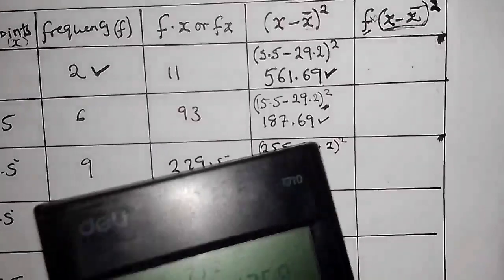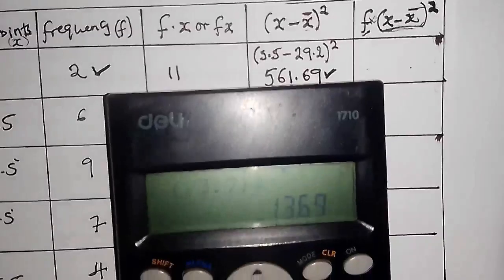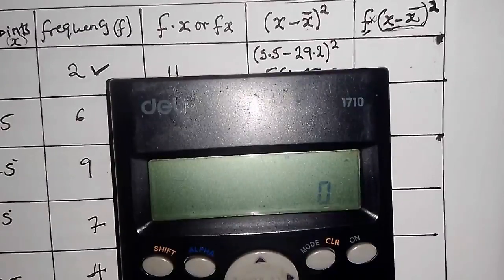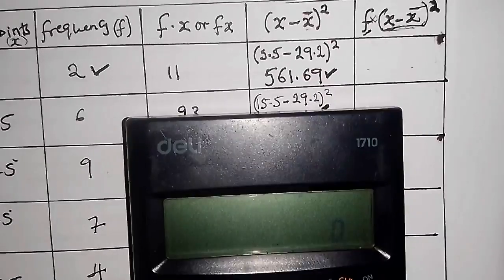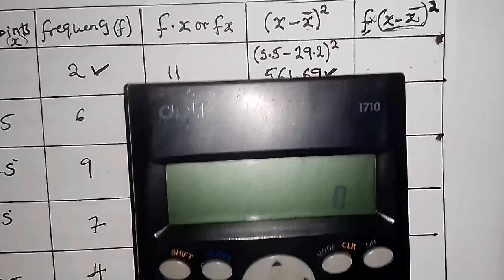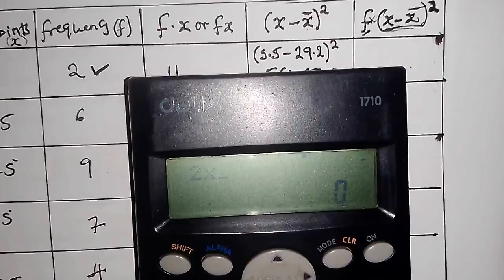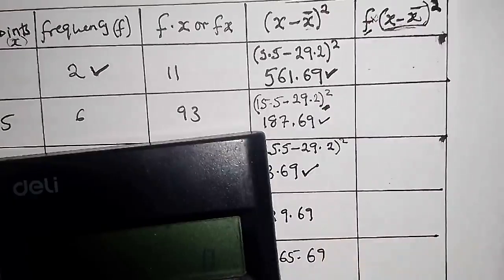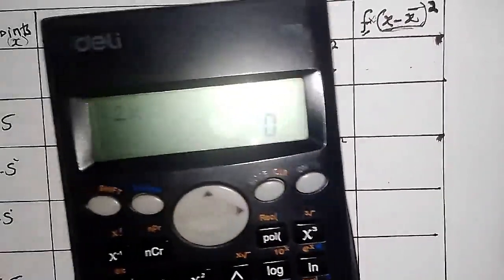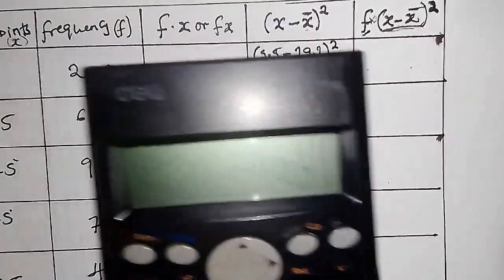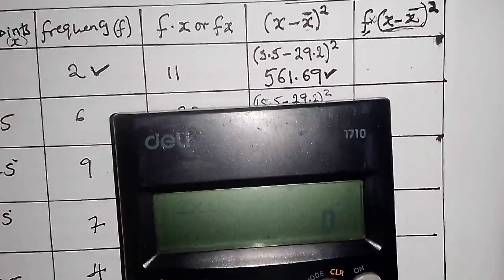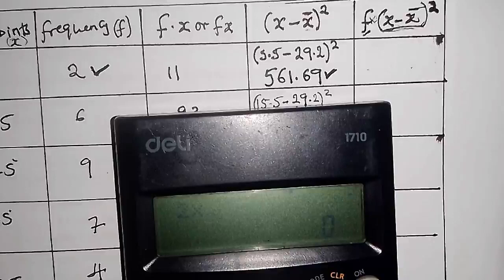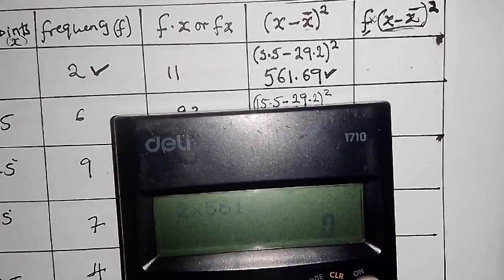But before I fill up, let me help you understand what is happening. So it is 2 multiplied by 561.69.